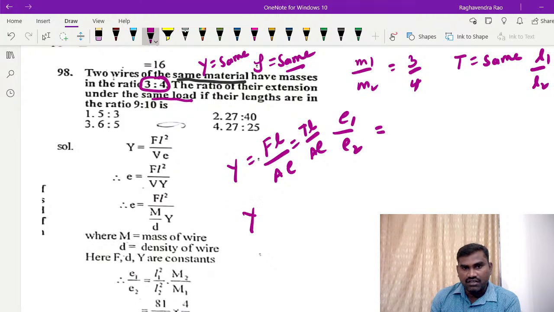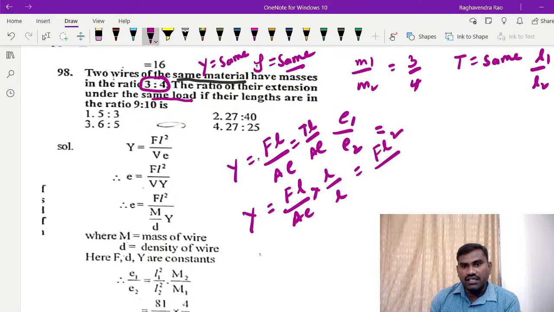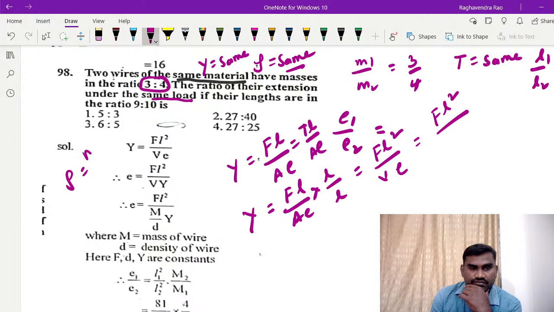So we take Y equal to FL by AE, multiply with L and divide by L. This will be equal to FL square by A into L, which is volume, into E. Now in the place of volume we can substitute: density is equal to mass by volume, then volume is equal to mass by density.